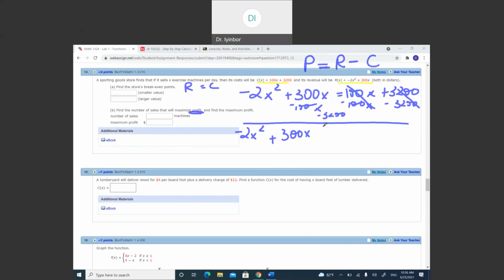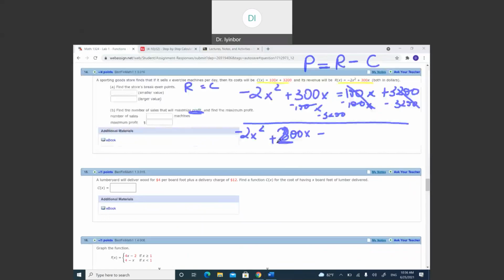I'm sorry, when you subtract 300 minus 100, this here should be 200, because 300 minus 100 is 200, and then I have minus 3200 equals 0. So this is my equation I have to solve.